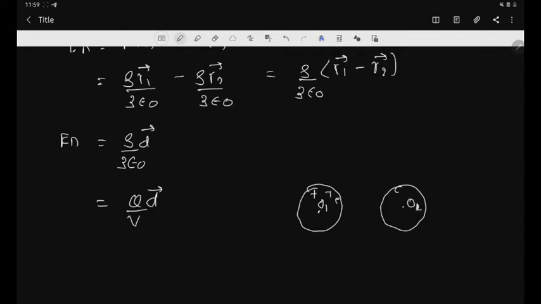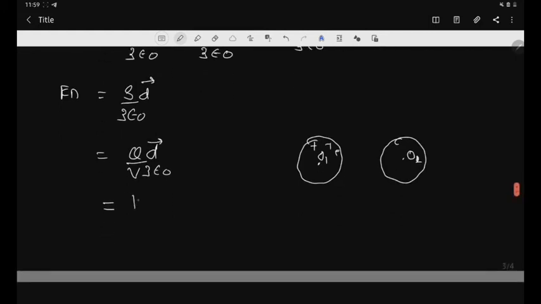So this Q into d becomes charge into distance between the charges, which as we know is the dipole moment. So dipole moment P divided by volume, and we have 3 epsilon naught. Now dipole moment divided by volume is nothing but the polarization vector. So we get the equation of E2 as polarization vector divided by 3 epsilon naught.